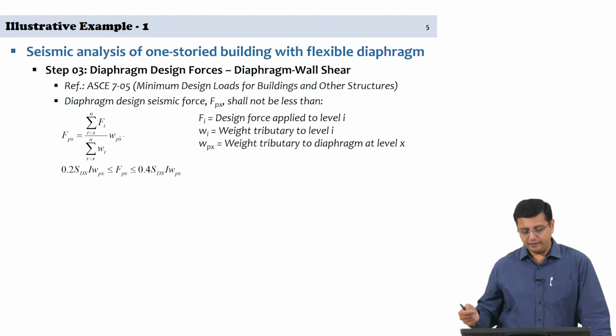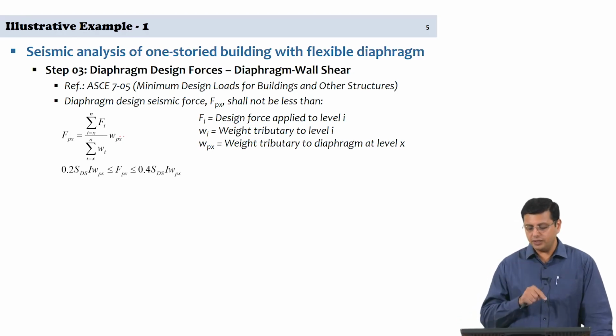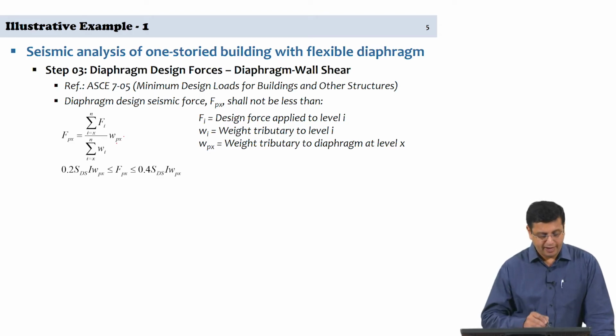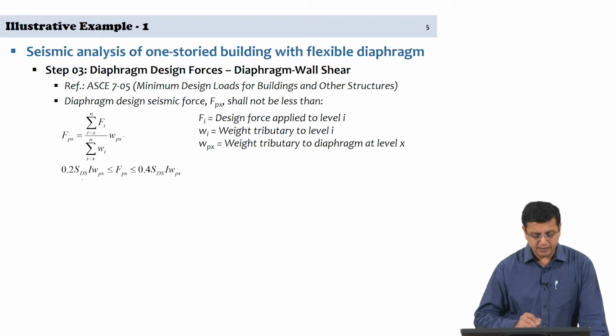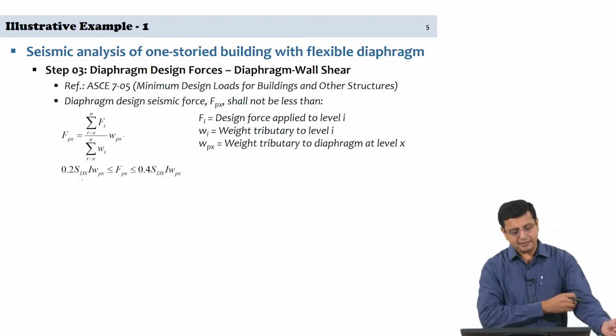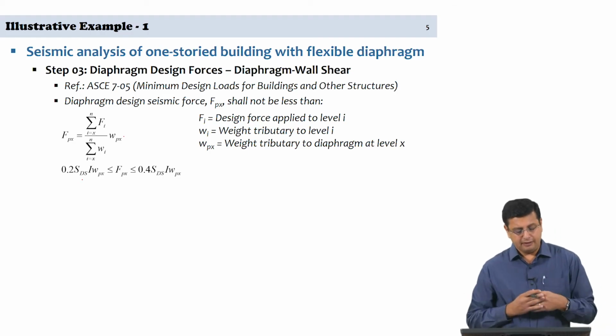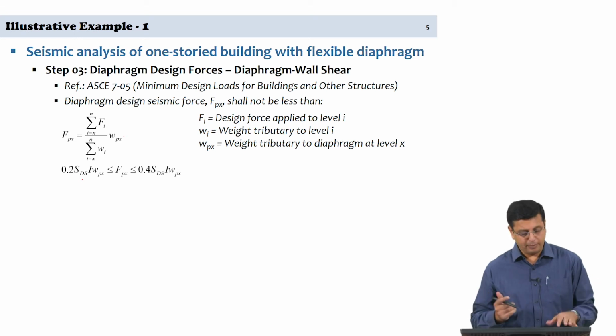So, Wpx refers to the weight tributary to the diaphragm at the level that you are making the calculations at. So, you will have the estimate of Fpx in this manner. However, it is prescribed that Fpx is within certain bounds, a lower bound and an upper bound.